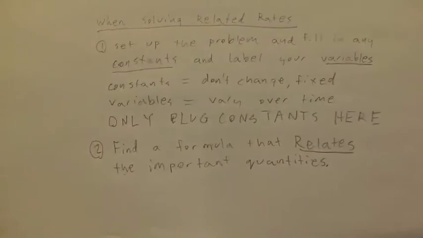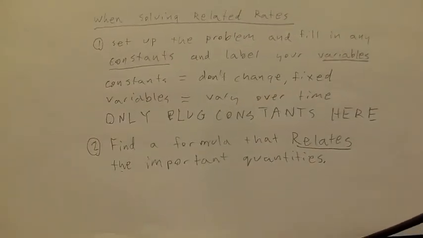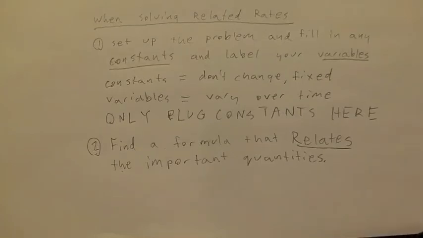There might be some quantities that you don't really need to worry about. For example, if you're looking at area, you probably don't need to start worrying about circumference if you just need radius and area. But basically you want to find the formula that relates all the important quantities.